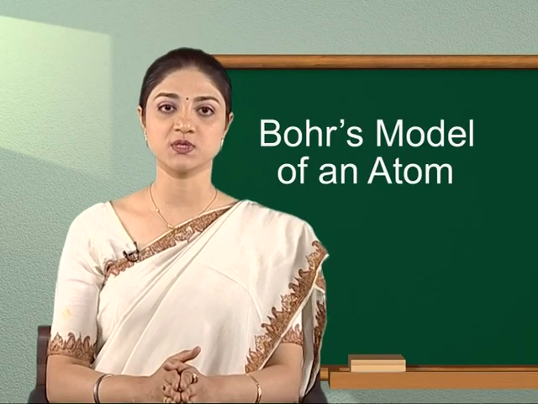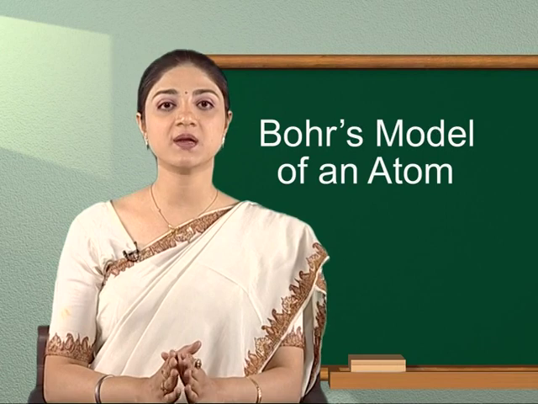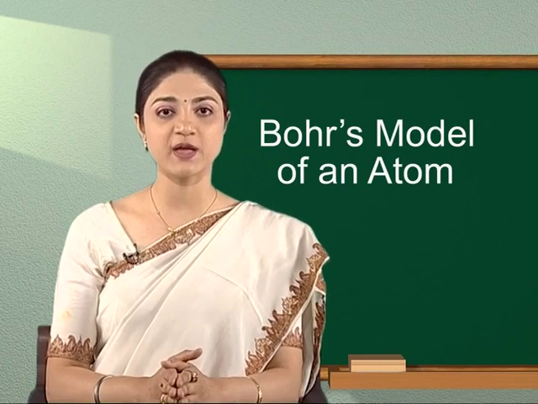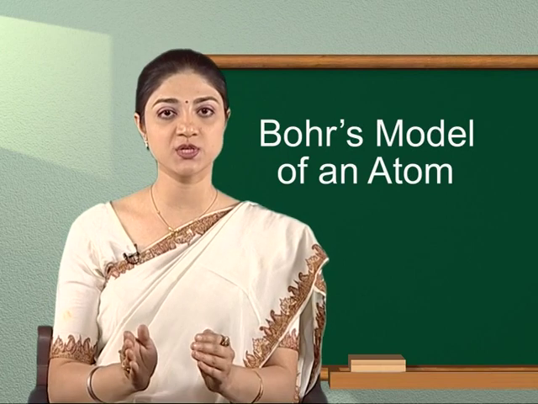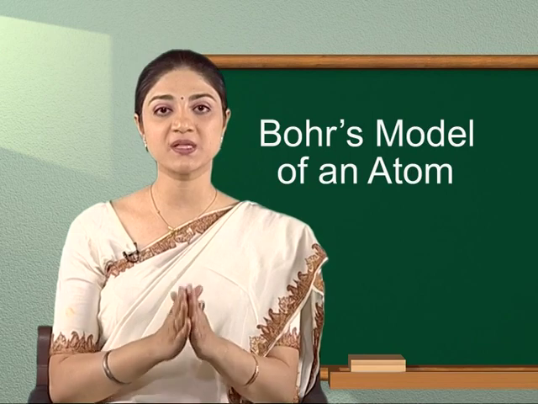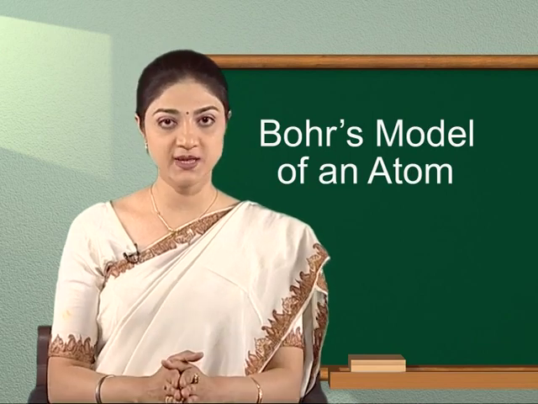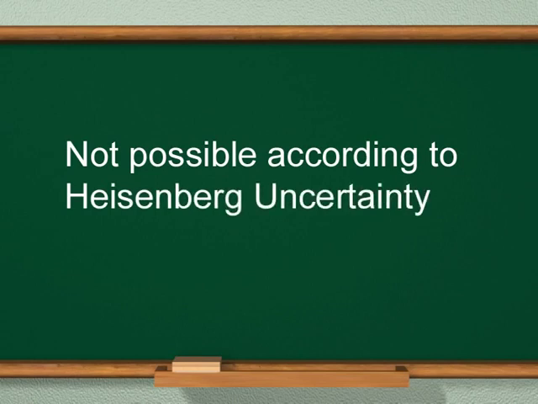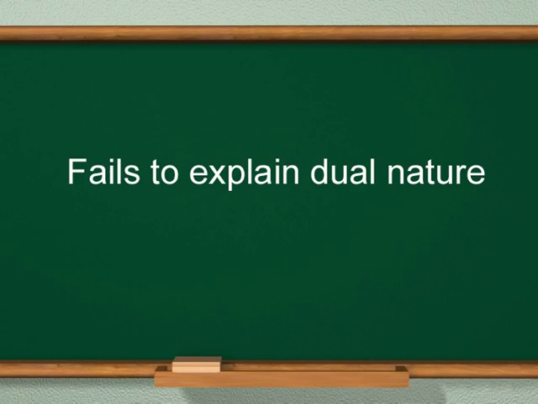As per Bohr's model, an orbit is a clearly defined path, and this path can be defined only if the position and the velocity of the electron are known exactly at the same time. But this is not possible according to Heisenberg's uncertainty principle. It fails to explain dual nature of matter.